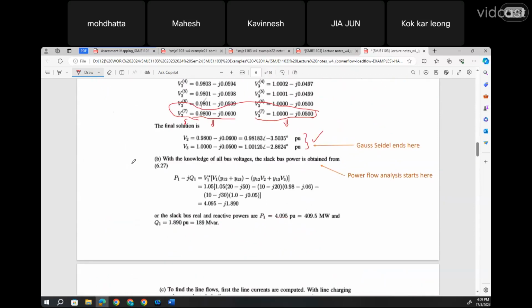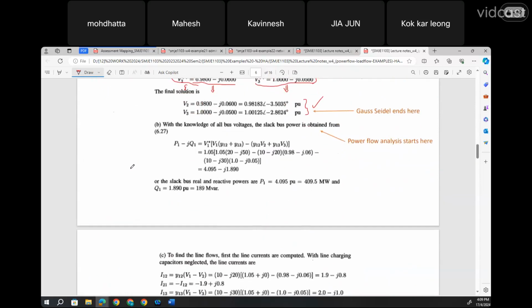Gauss-Seidel does the iteration part to determine the voltage level. And the next part will be finding the power flow. And to get the power flow information, you must start your calculation or analysis from the slack bus, because the slack bus will give you the information of power and also losses of your system.